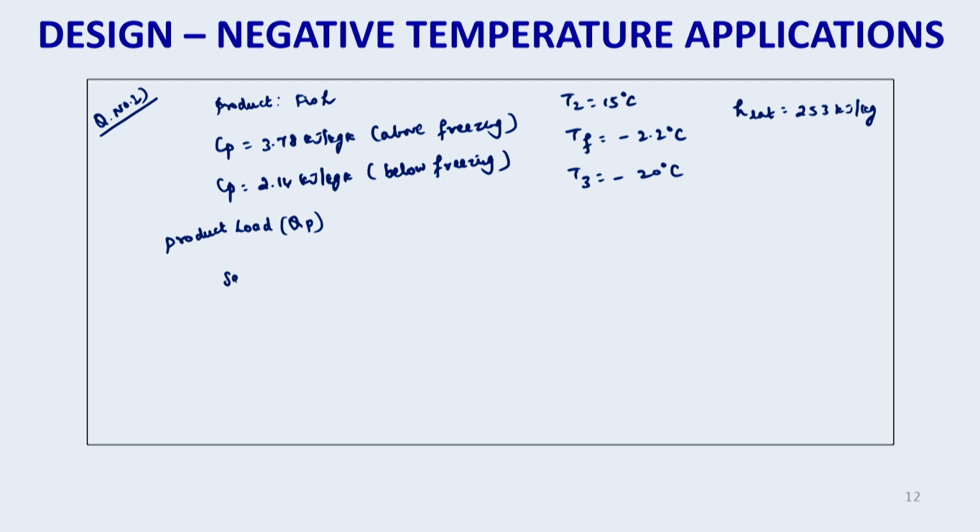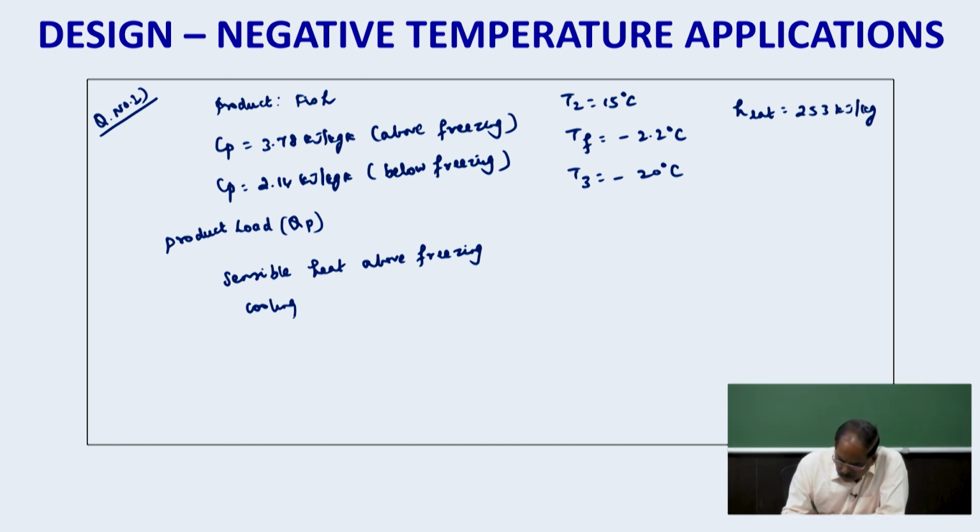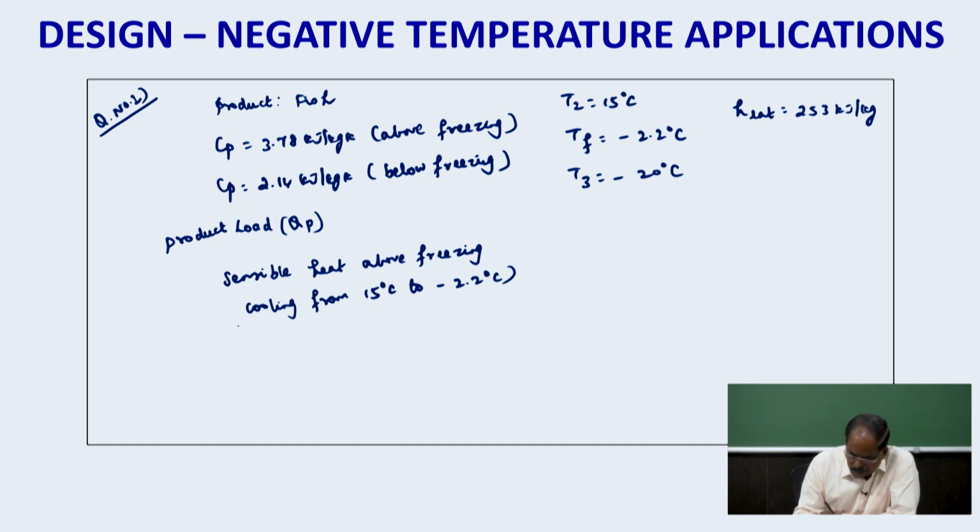First, the sensible heat above freezing. Since the pre-cooling details are not given, Q1 is negligible. I will be calculating Q2, Q3 and Q4. Q5 is the respiration load, which is not applicable for a dead product. The sensible heat above freezing is cooling from 15 degrees centigrade to minus 2.2 degrees centigrade.